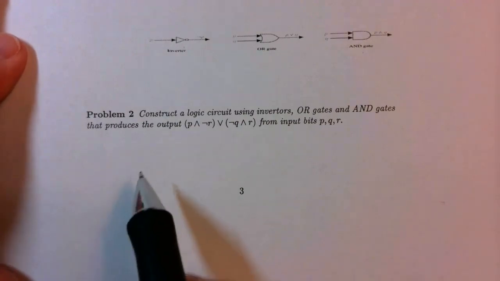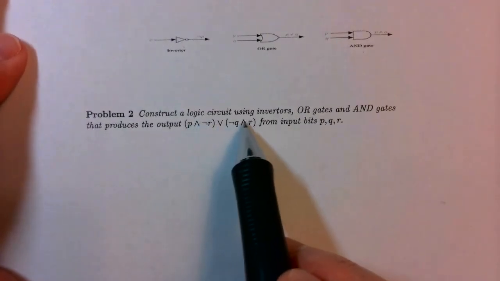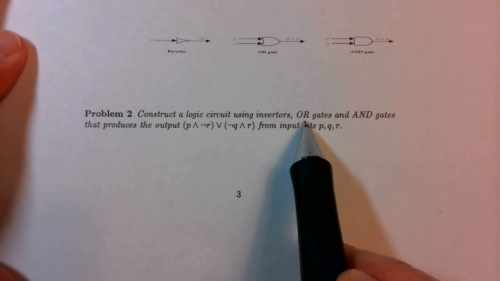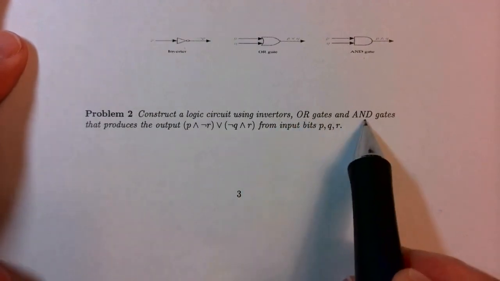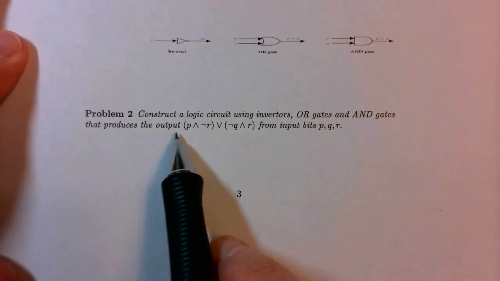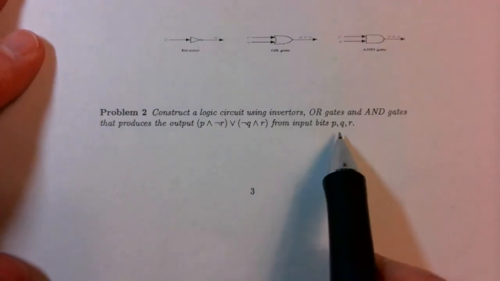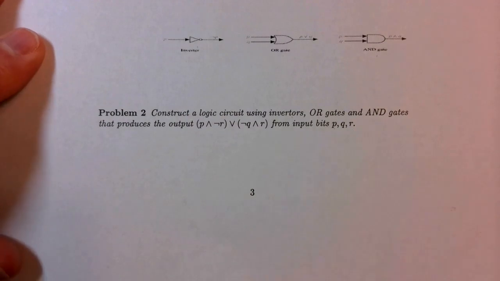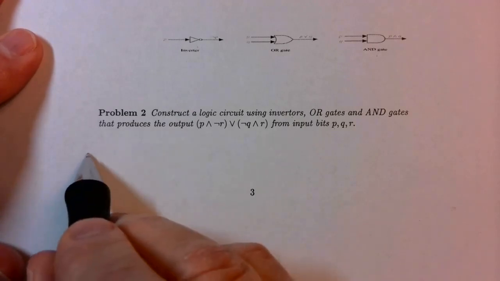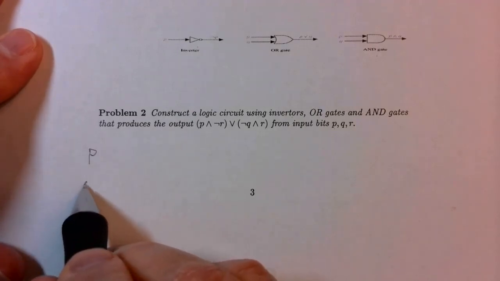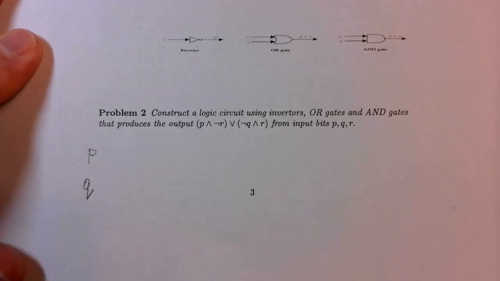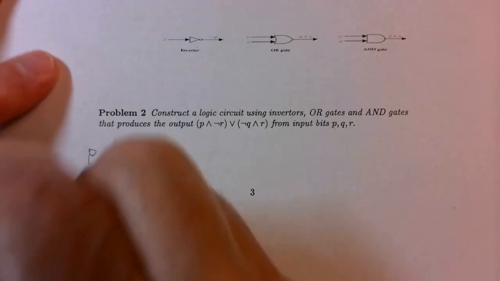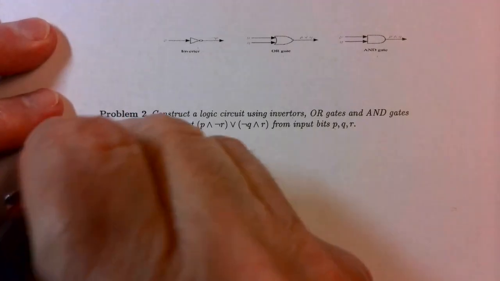In this problem, we have to construct a logic circuit using inverters, OR gates, and AND gates that produces this output from input bits P, Q, and R. So we have P, Q, and R. So I'll put R in the middle.